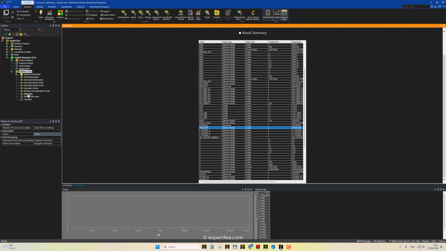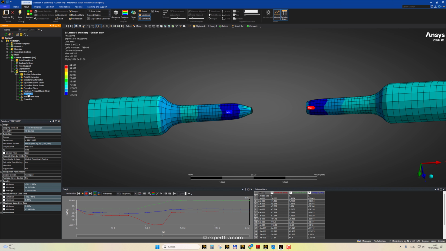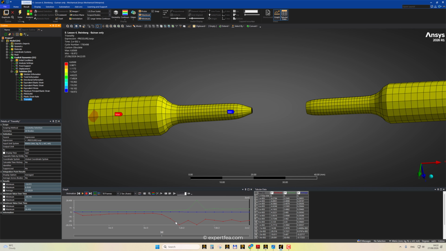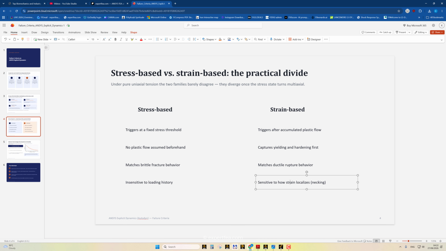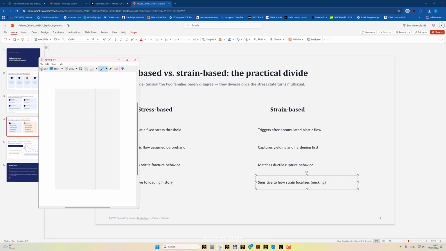Why I'm telling you about this: because this is useful to find out triaxiality. Triaxiality is a fraction, the hydrostatic pressure over sigma von Mises, the equivalent stress.